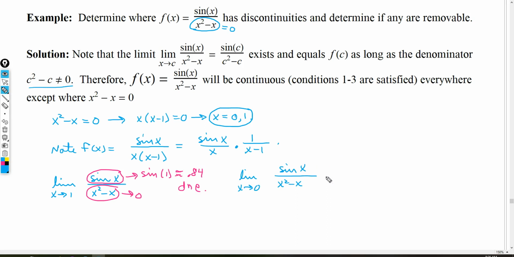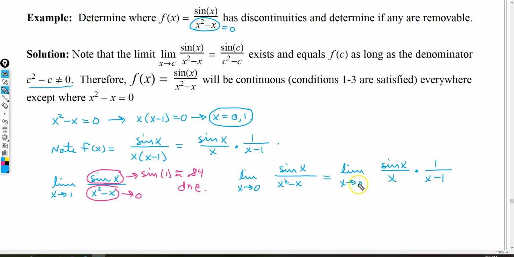So what we can do is rewrite this as sine x over x times 1 over x minus 1, so we just split the function up like this. Notice how we rewrote the denominator as x times x minus 1 and then just split the function apart like this. This is certainly valid to do.